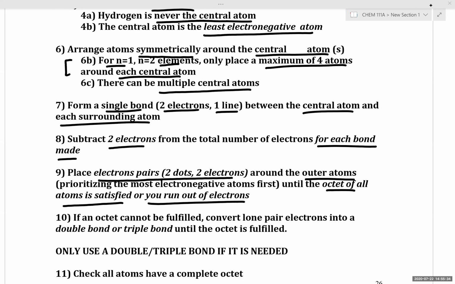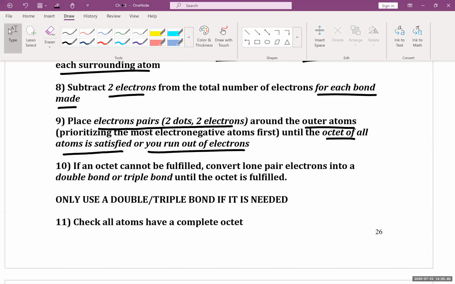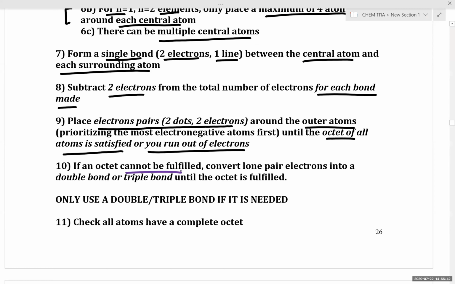Okay? Now, this is where students often get a little bit ahead of themselves. If an octet is not fulfilled and you're out of electrons, then and only then do you convert your lone pair electrons into a double or triple bond. Only use a double or triple bond if it is needed.